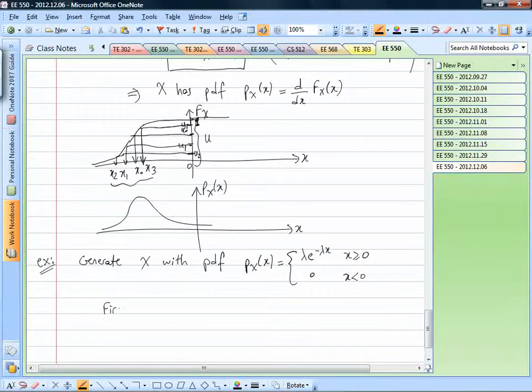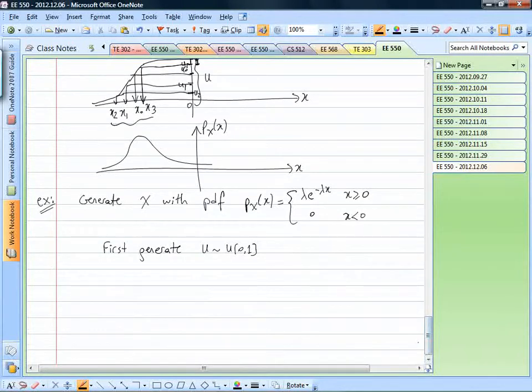First, generate your uniform between 0 and 1, and then find the CDF of x. We want to use the CDF inverse method, so f sub x of x is the integral of the PDF, and it's going to be 1 minus e to the minus lambda x for x positive and 0 for x negative.